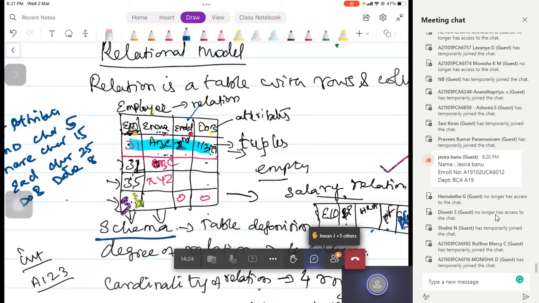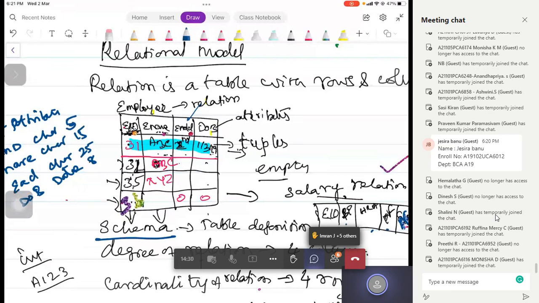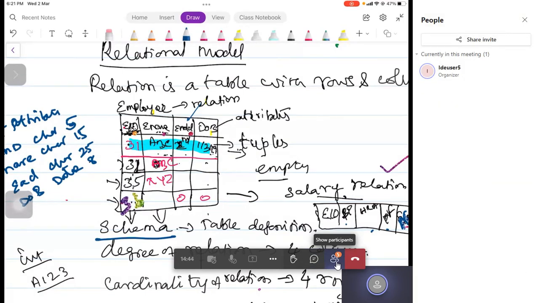This is the one row: 31, ABC, second street, etc., and date of birth 1379. So these are all the information about the employee ID 31. Understood? That is, we can call it a record, or otherwise we can call it tuples.